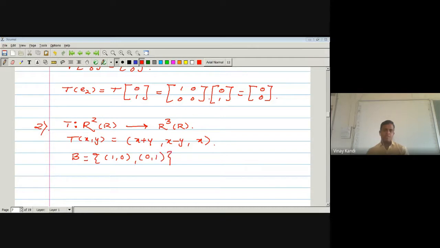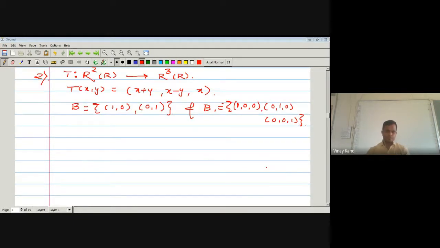This one is beta, and the codomain basis is (1, 0, 0), (0, 1, 0), and the third vector is (0, 0, 1). Now find the matrix of linear transformation T with respect to beta and beta 1.